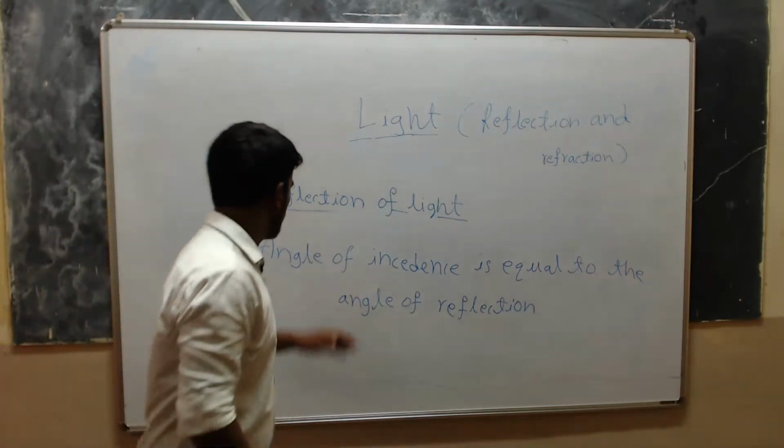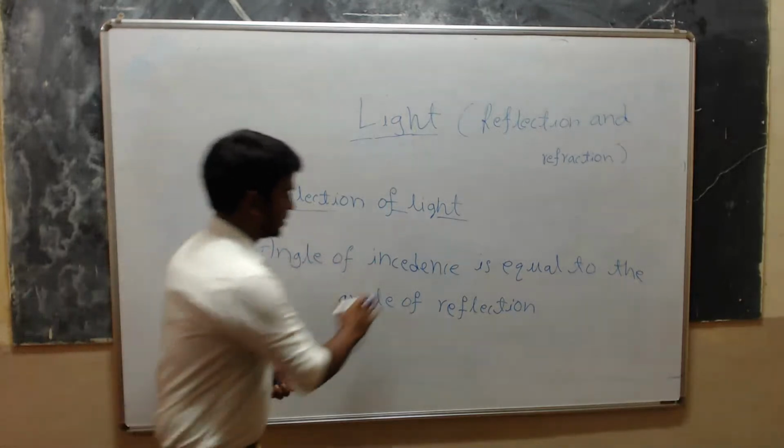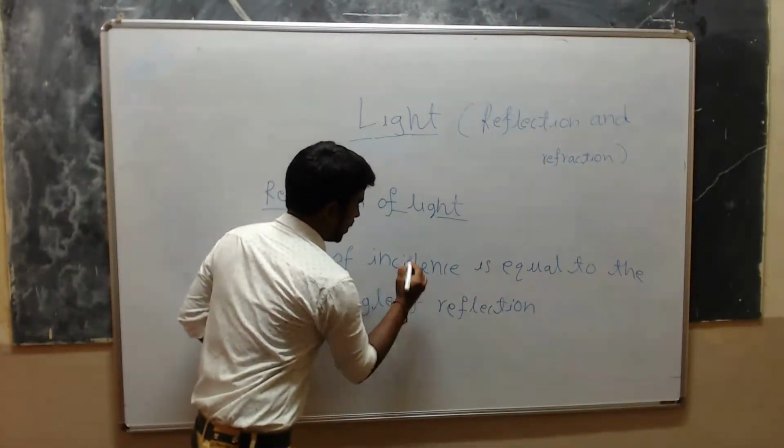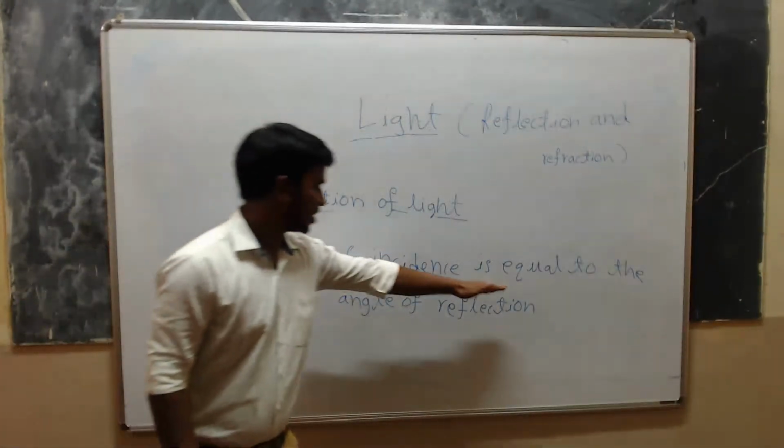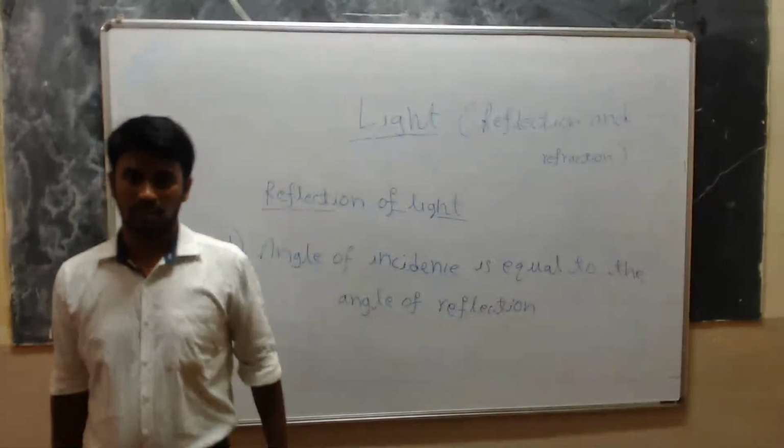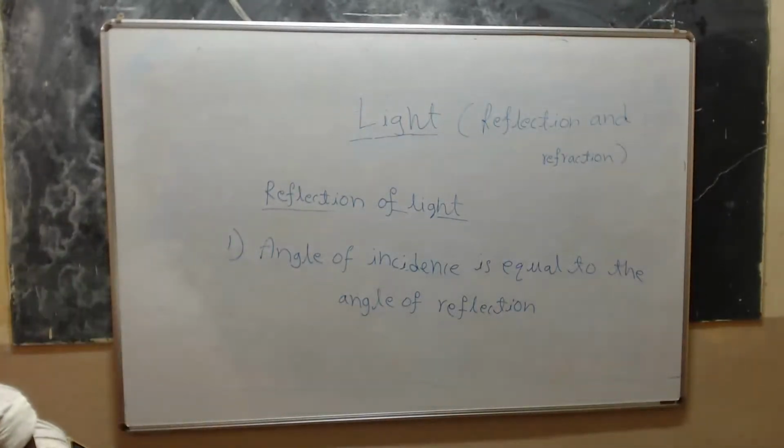The first one, what it says: the angle of incidence is equal to the angle of reflection. What is the meaning of this statement?